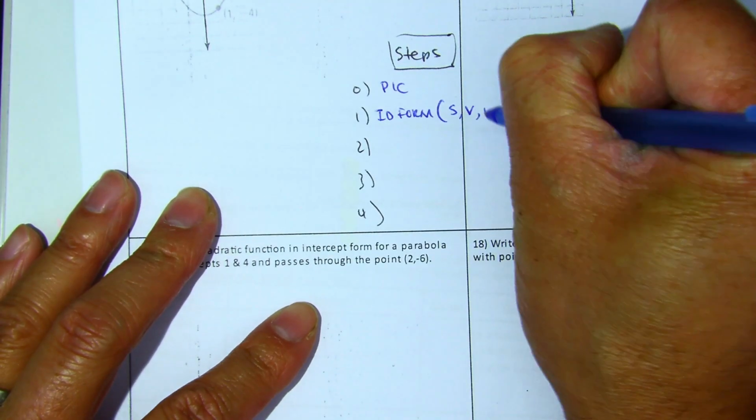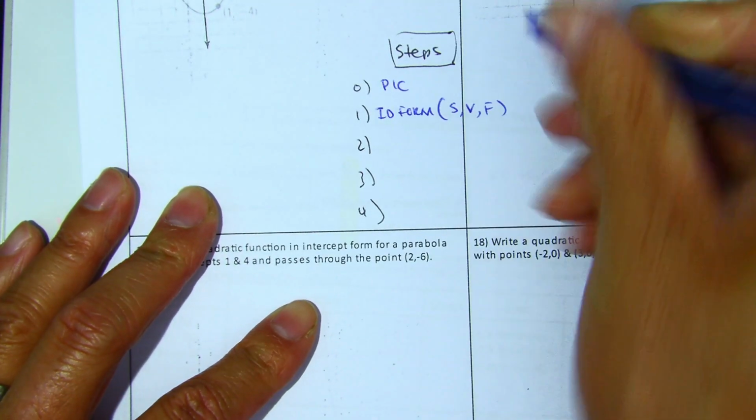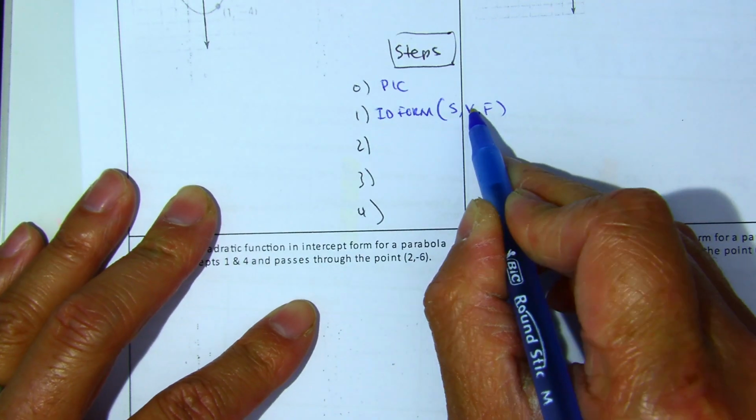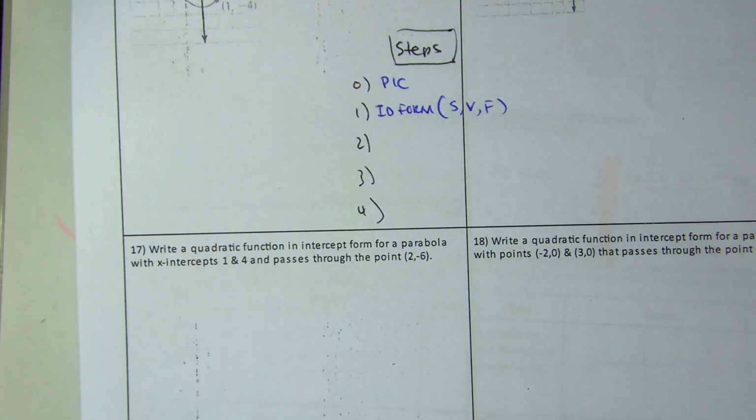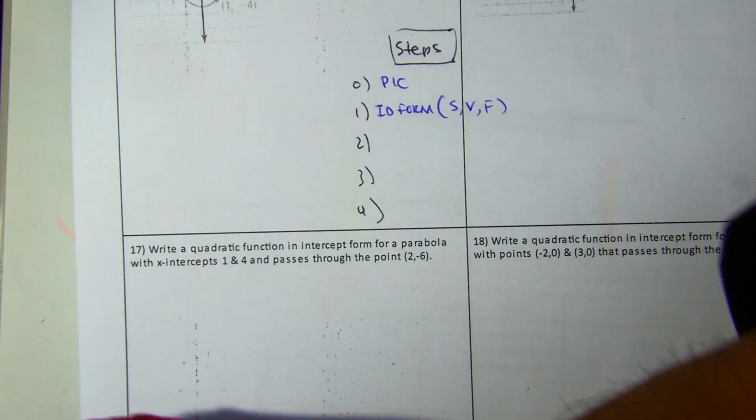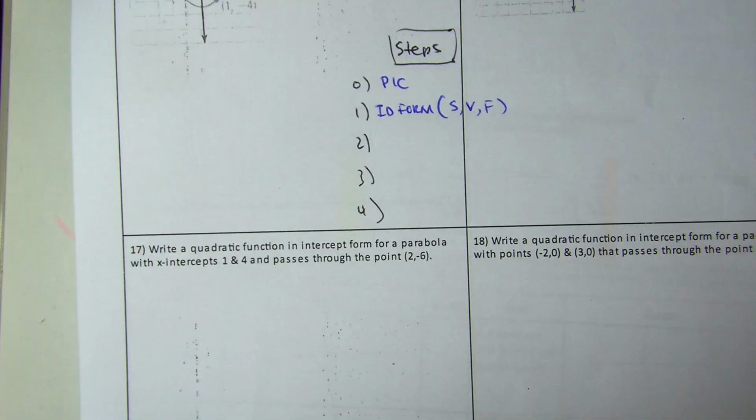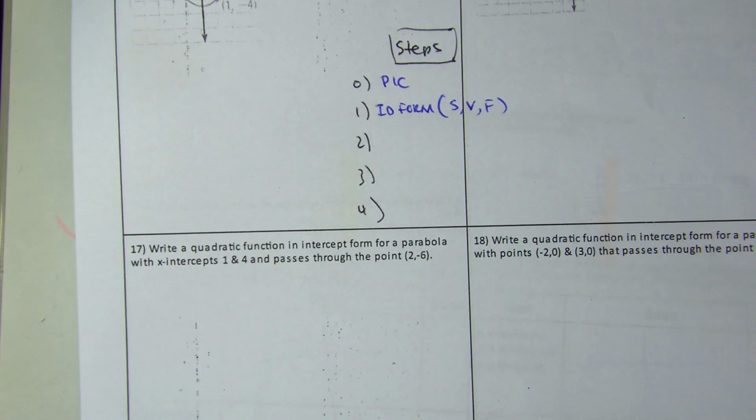Yeah, standard, vertex, factored. 0 parentheses, 1 parentheses, 2 sets of parentheses. Thank you. Vanessa, what's step number 2? Yeah, we have to ID the letters.